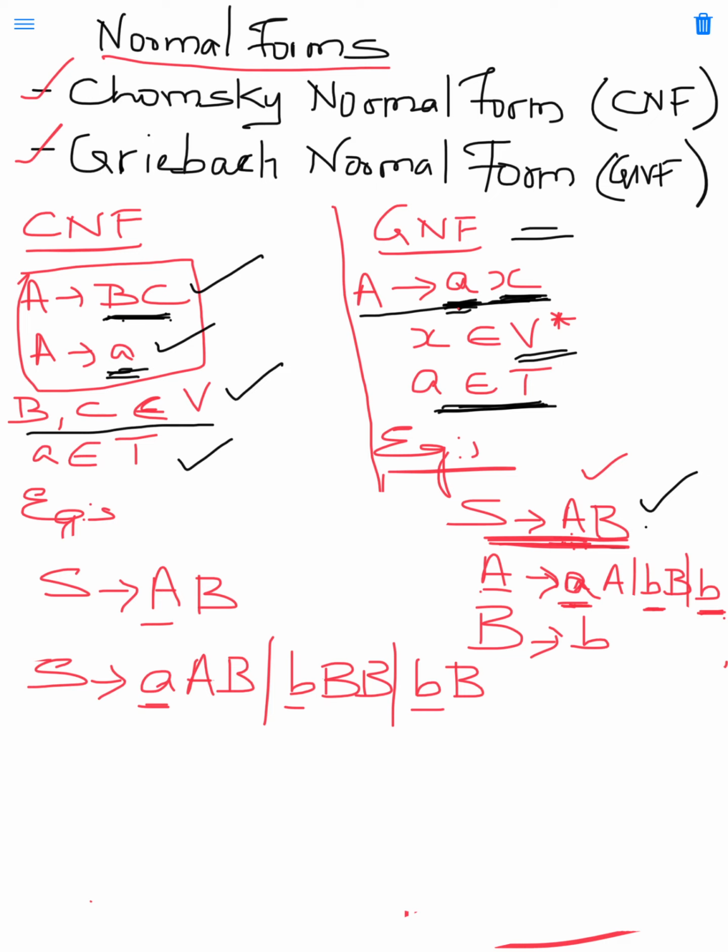So the resulting set of productions will be S gives aAB, bBB, bB, A gives a, bB, b, and B gives b.